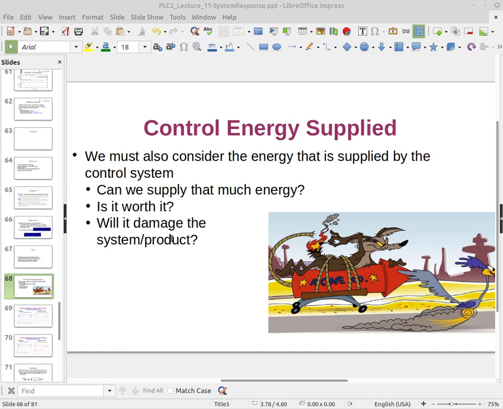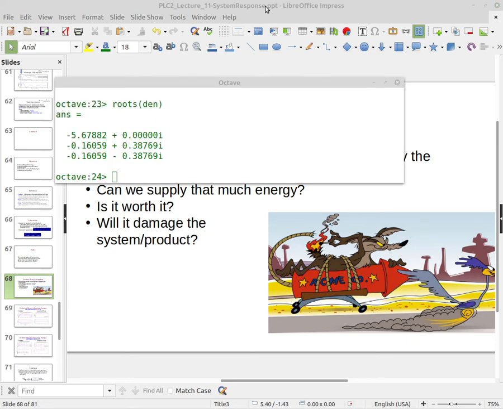You can just imagine with him strapped on there right now, he's actually lighting his tail on fire. But if he actually gets this rocket lit and starts going, how's he going to stop it? So you can see how much energy he's trying to put into this control system. We need to think about that as we look at various control systems.